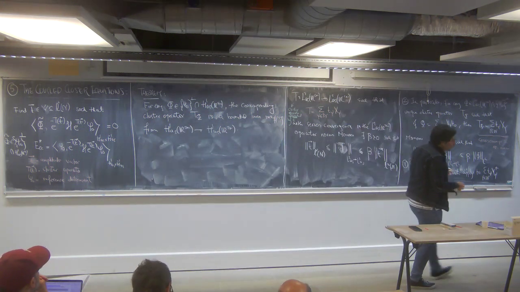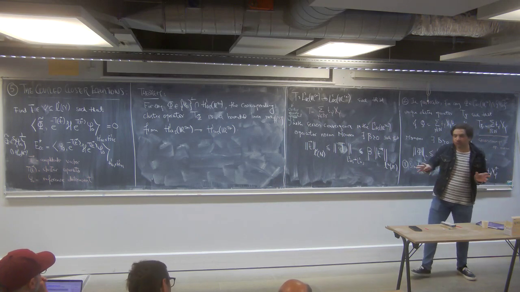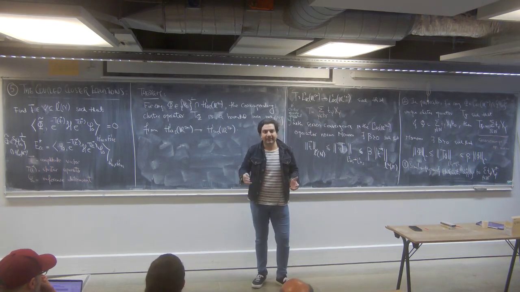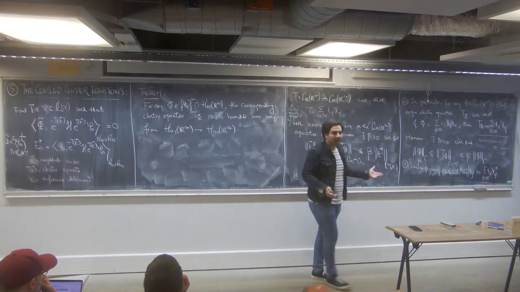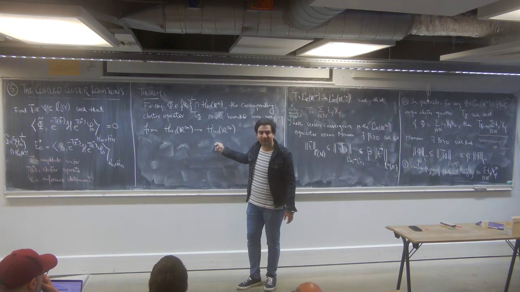So in other words, if you start with a wave function which is not just in L2 but in H1, and you look at the cluster operator, then this cluster operator is not only a bounded linear mapping from L2 to L2, it's in fact a bounded linear mapping from H1 to H1.